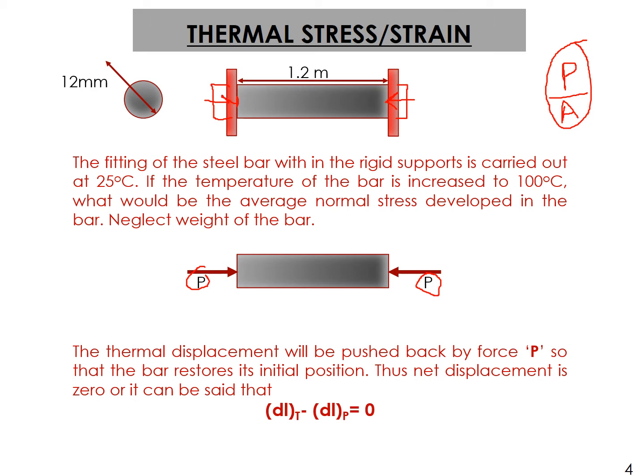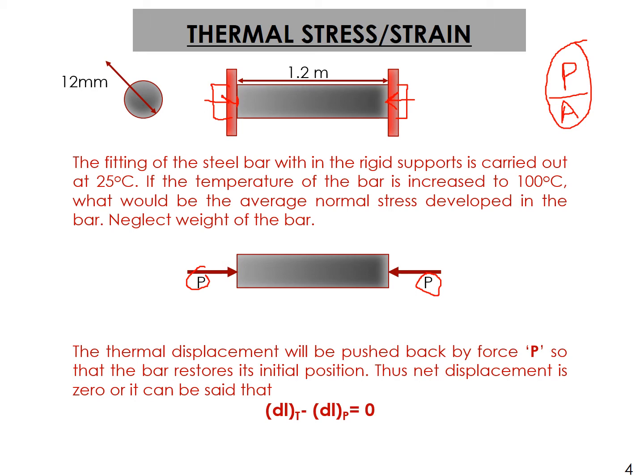Now, as it has been shown here, the thermal displacement will be pushed back by force P so that the bar restores its initial position, and the net displacement becomes zero within the rigid supports. Now what is that net displacement?